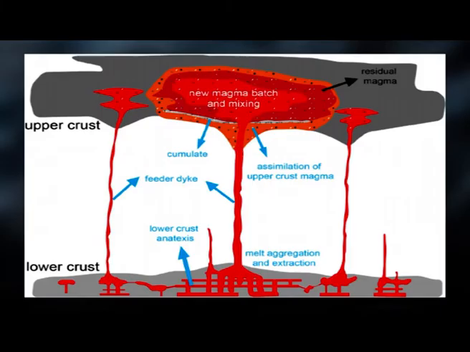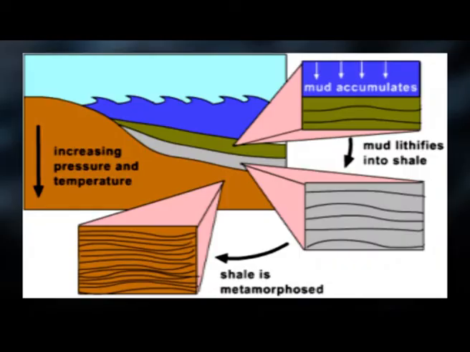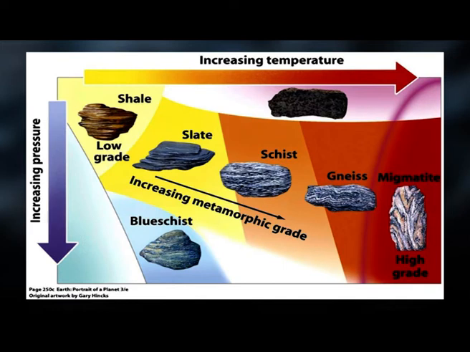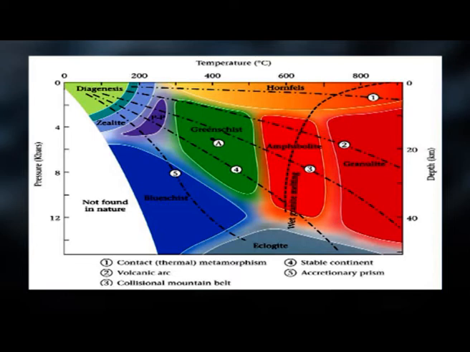An anatectic process for the origin of pegmatites and granite has been shown by experimental melting of rocks, mainly shale, greywacke, schist and gneisses. Anatexis is the most important process affecting the earth crust.